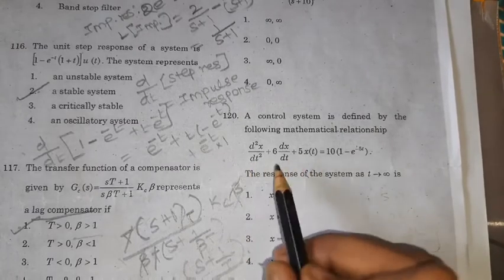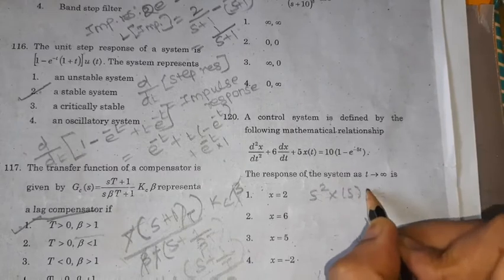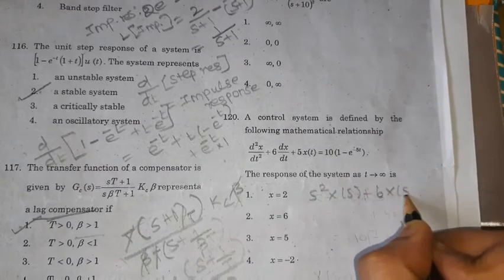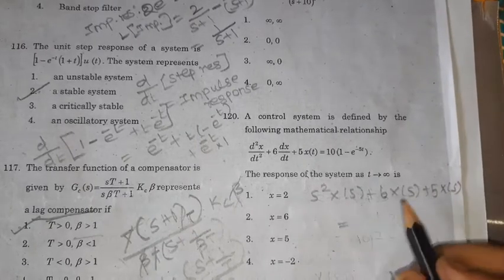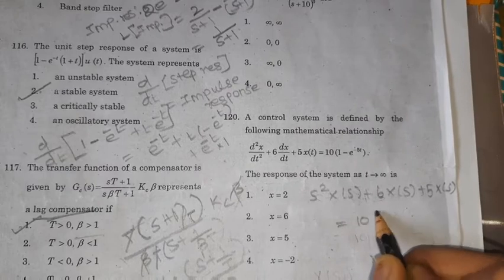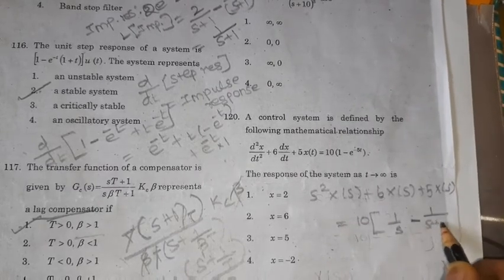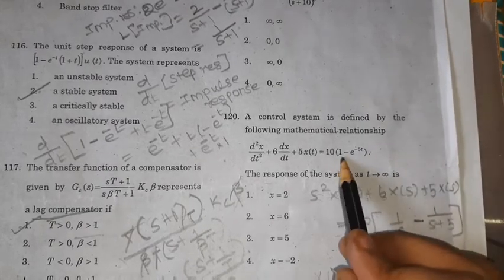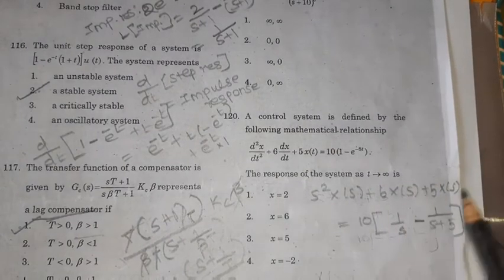So taking the Laplace transform of this equation: s squared into X of s plus 6 into s into X of s plus 5 into X of s is equal to 10 into (1 by s minus 1 by s plus 5), taking the Laplace of 1 as u of t, 1 by s, and e power minus 5t, 1 by s plus 5.